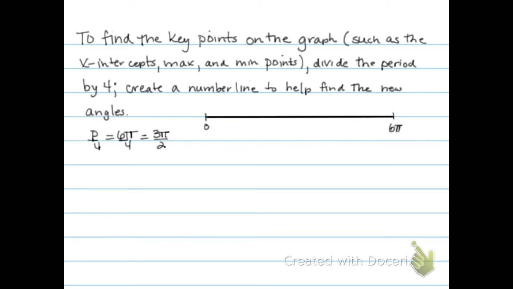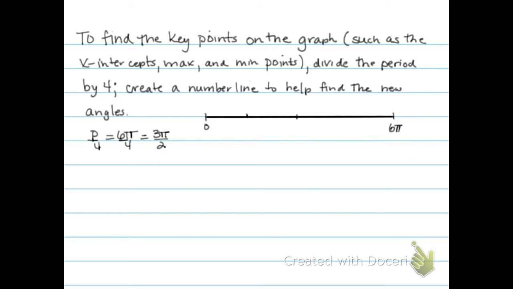So I like to think of this as a line segment, and I'm going from 0 to 6 pi. But I'm dividing this segment into four parts. So I'm going to make 4 stops. So it may not be equal parts, but it's supposed to be equal parts.